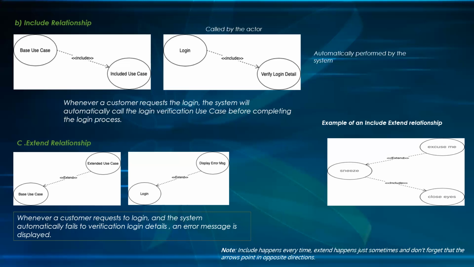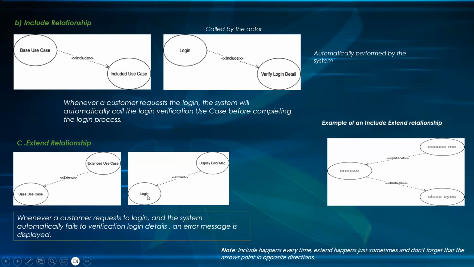An include use case will not be complete if there is no complementary action, which is, for example, you log in. Every time you log in, you find out that the system automatically verifies your login details. So if you log in, the system verifies it. This happens for this action to complete.